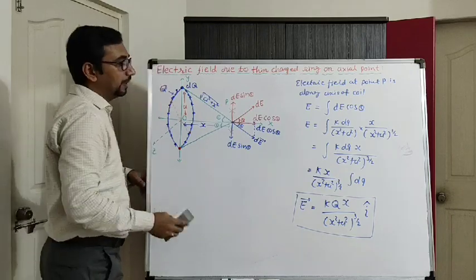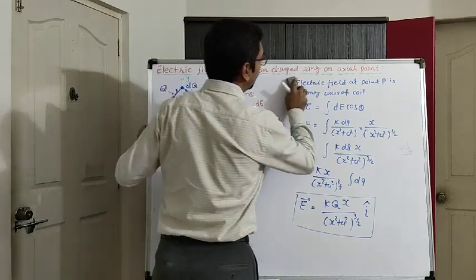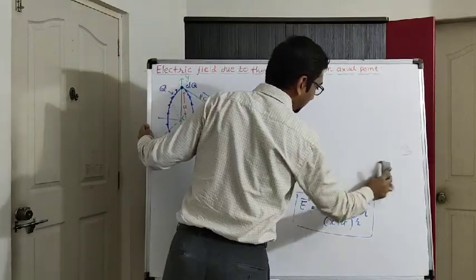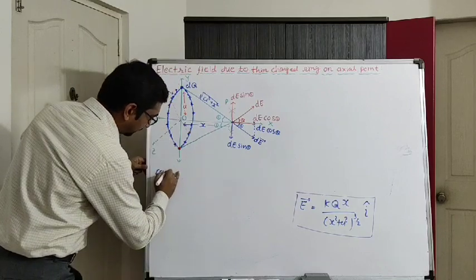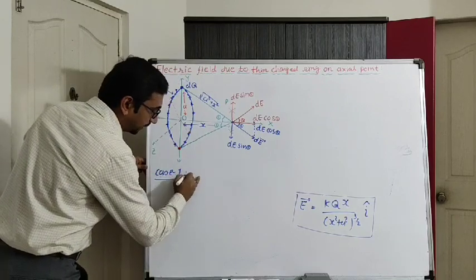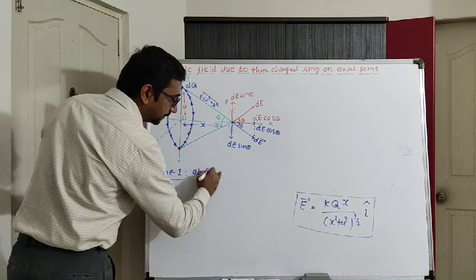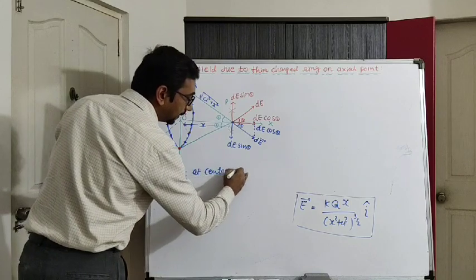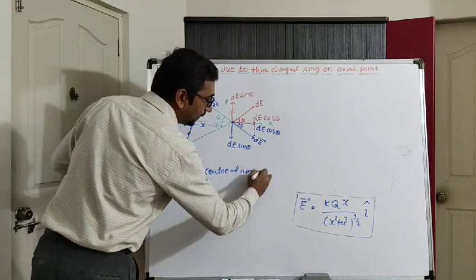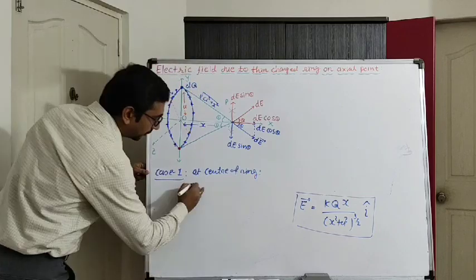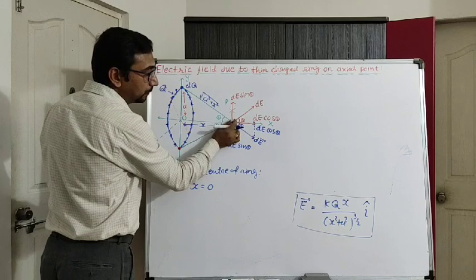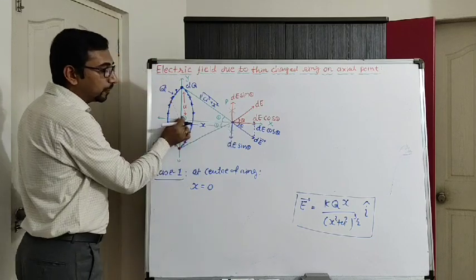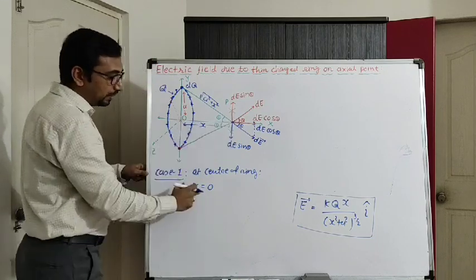So if we find out electric field at center, we are taking the first case here, case 1, at center of ring. For center of ring, x will become 0 because point P is now not here, it will be at point O. So x will become 0.